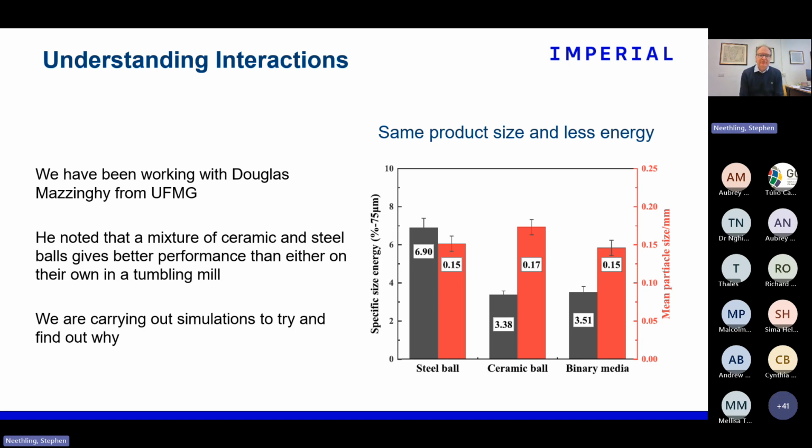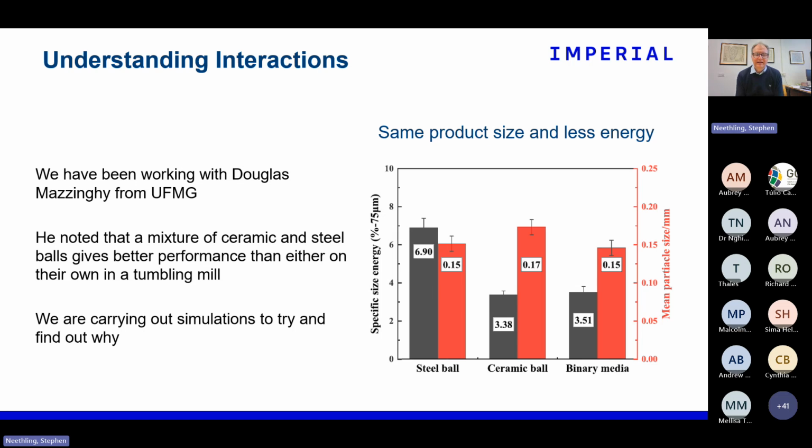Another person I've been working with in terms of mill simulations is Douglas Nzingi from UFMG. What he had noted in his experiments was that when you did a mixture of ceramic balls and steel balls in a tumbling mill, he was getting better performance than either of those two on their own.